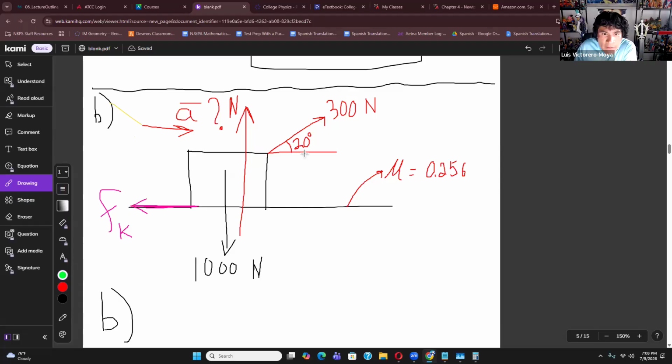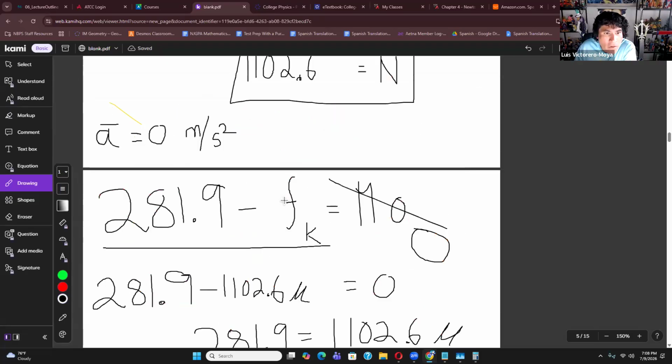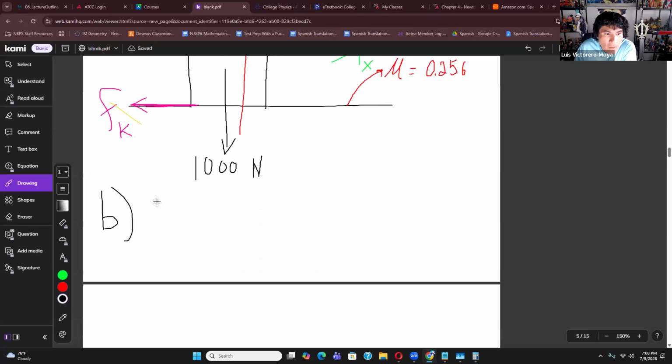You find Fx, which still goes to the right, but Fy changes, right? Fy is going up. So look, the normal and Fy are going up, and the weight is going down. Fx and Fy are the same, this is the same angle, so it's going to be the same as before.